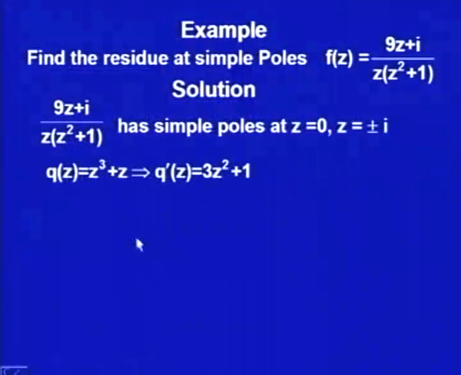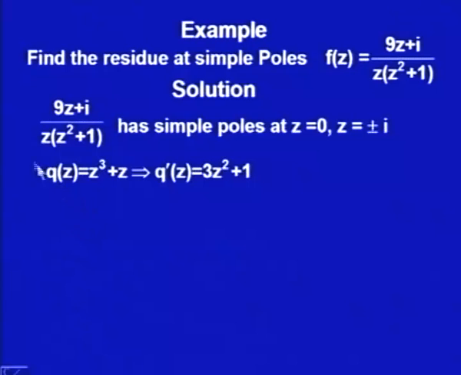So, if I find out the residue at z equal to 0, what we see is that my denominator is z cubed plus z. If I do have multiplication of (z minus z0) f(z), that also is okay, but there I have to find out the limit. If I use the second method where it is in the rational form, I could use the derivative of the denominator at that pole point only, and we would get it.